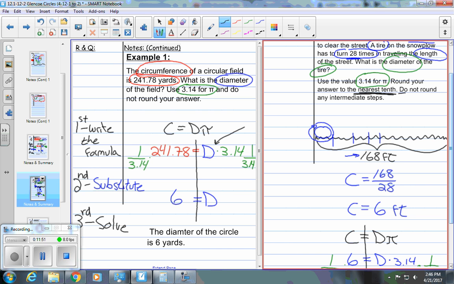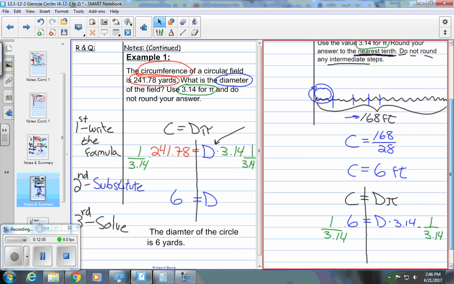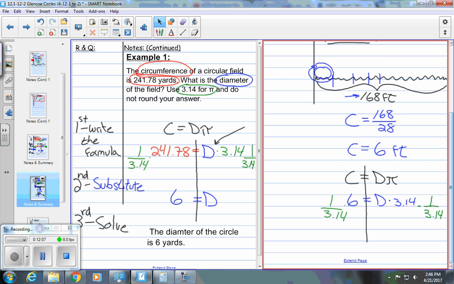And this "do not round in intermediary steps" means don't round until the last step. It doesn't want you to round any other time but the final line. And the reason we do that is it can mess up our answer if we round in the middle, the intermediary. So let's go ahead and type in 6 divided by 3.14 into our calculator.